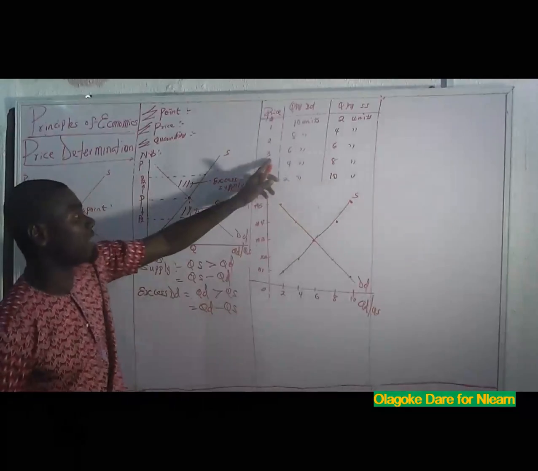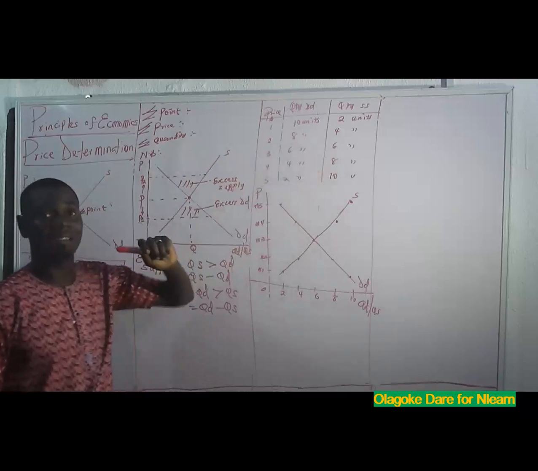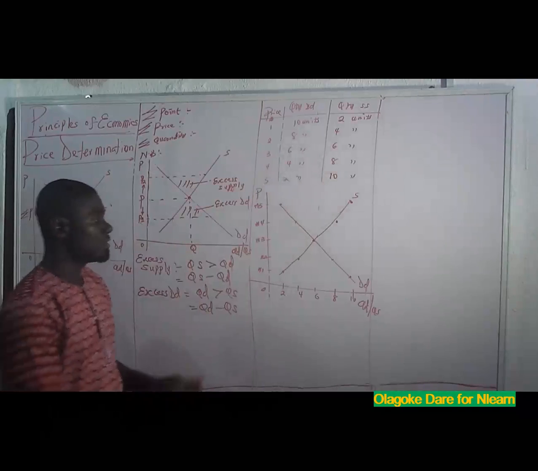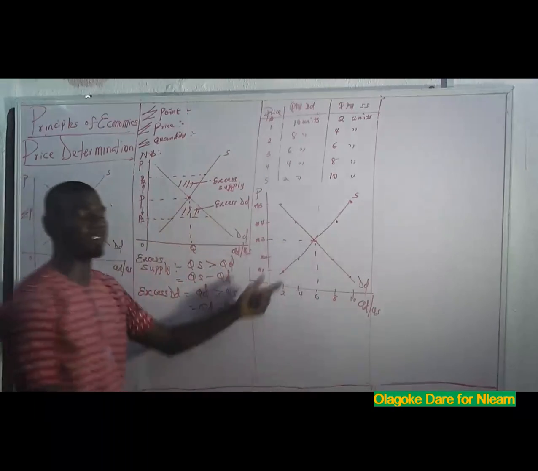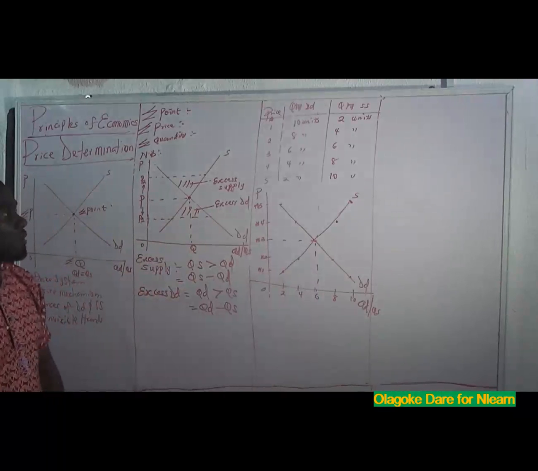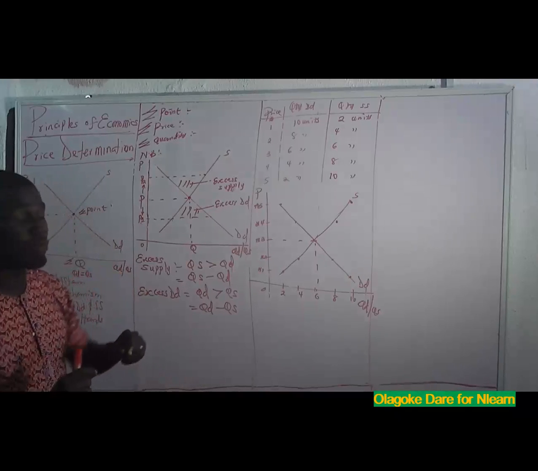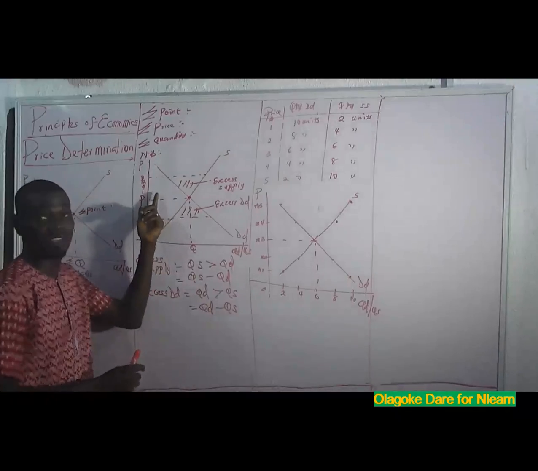So my equilibrium price is 3 naira, because quantity demanded and quantity supplied are the same at 6 units. You can see my equilibrium price is 3, my equilibrium quantity is 6, from the table and from the graph as well. Now, any price fixed below the equilibrium price will lead to excess demand, and any price fixed above the equilibrium price will lead to excess supply.